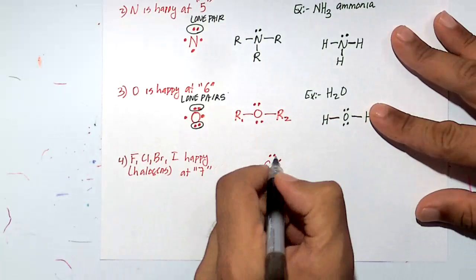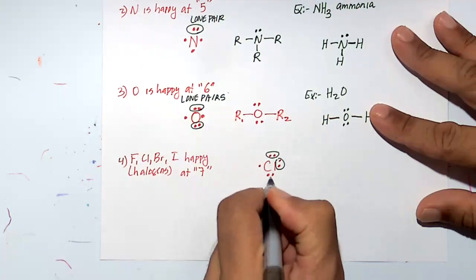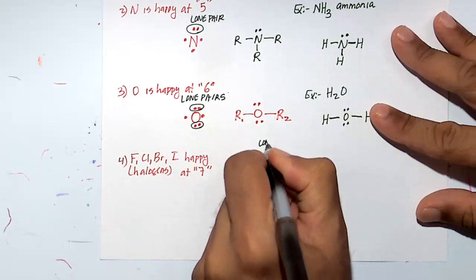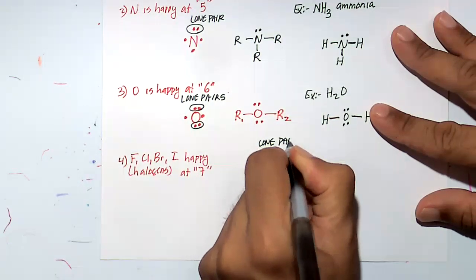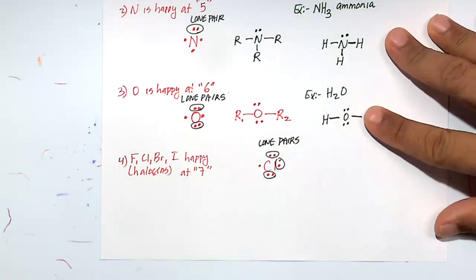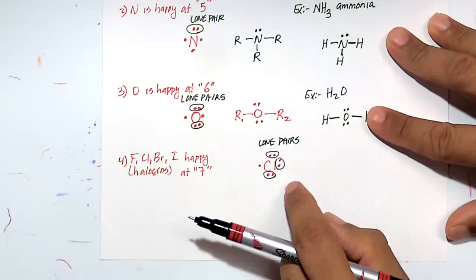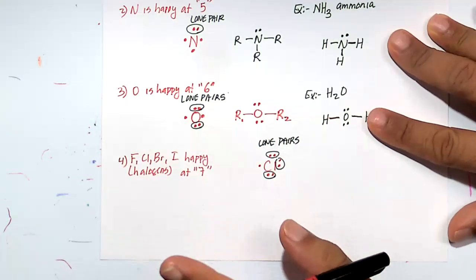Here we've got 3 lone pairs. And this can be fluorine, this could be iodine, it could be any one of those.